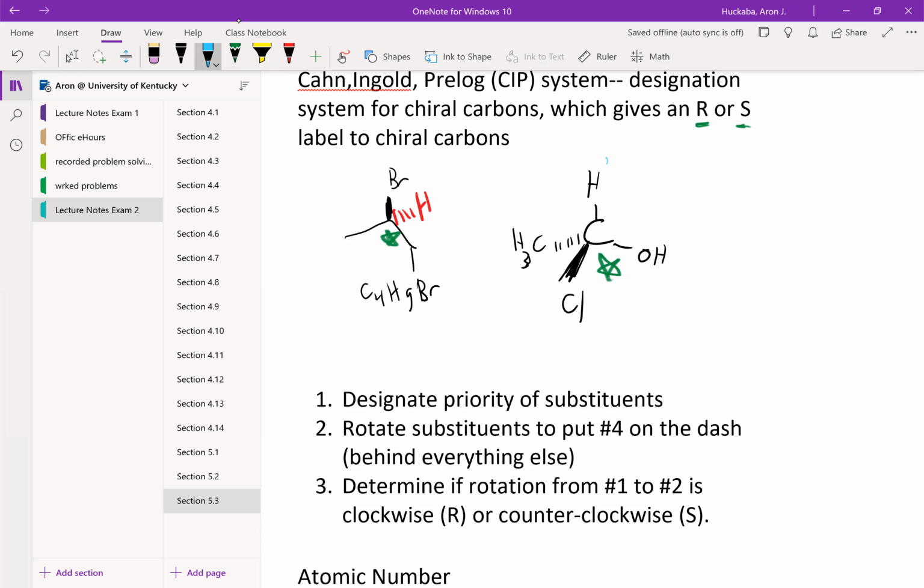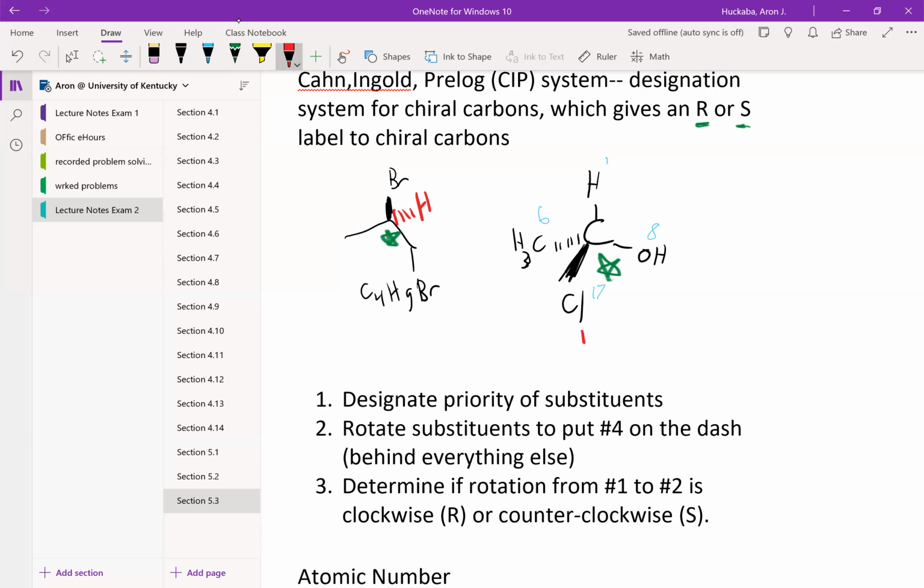Right, so it is 6. Oxygen's is 8. And chlorine's is 17. So you just take the biggest number, which here is 17, and you give that chlorine the number 1 priority.